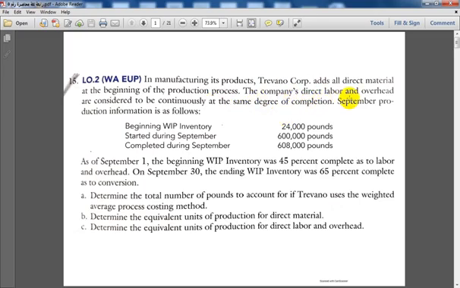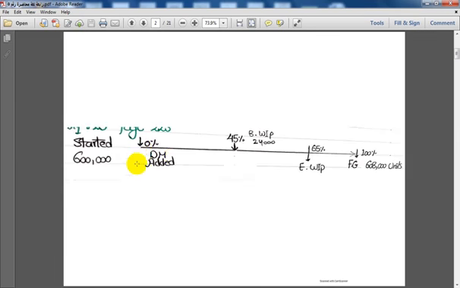We have some information, like the company adds all direct material at the beginning of the production process. So we put direct material here at 0%.